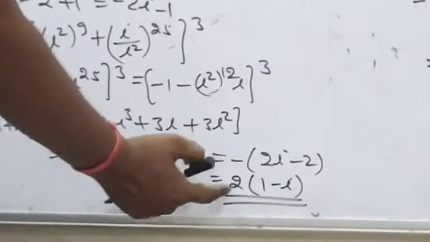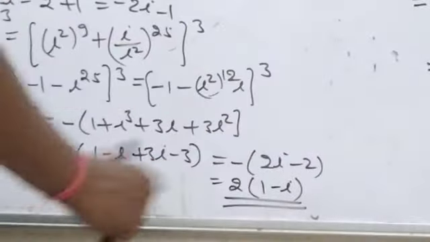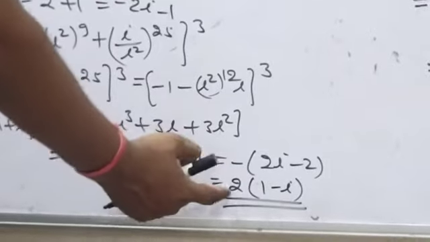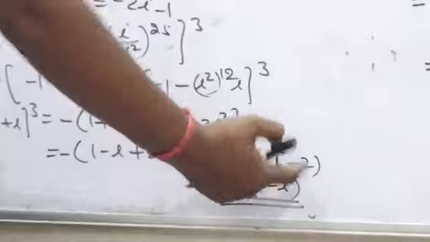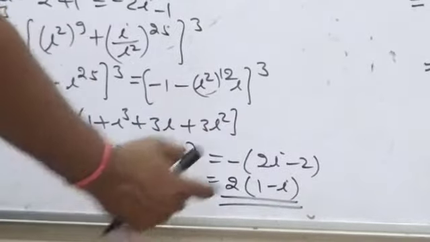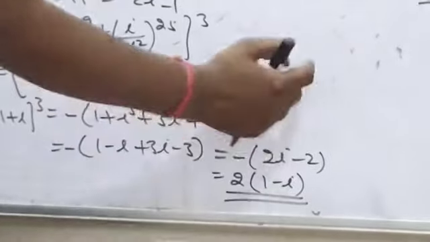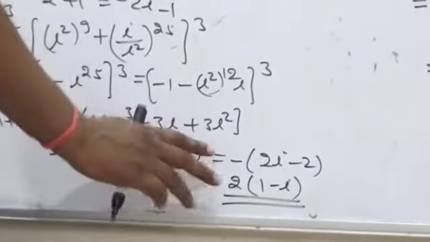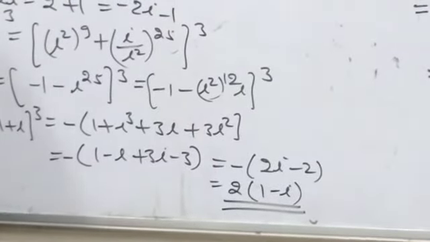Now this minus will be multiplied inside the bracket, means both the terms. Clear? Therefore minus 2i minus minus plus 2 then is equal to 2 into (1 minus i). Understood? So first of all, you should learn i square is equal to minus 1, because it is a very simple formula.